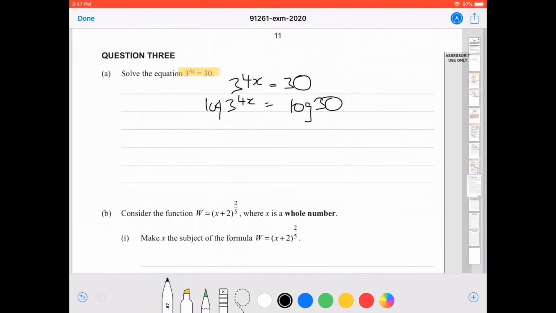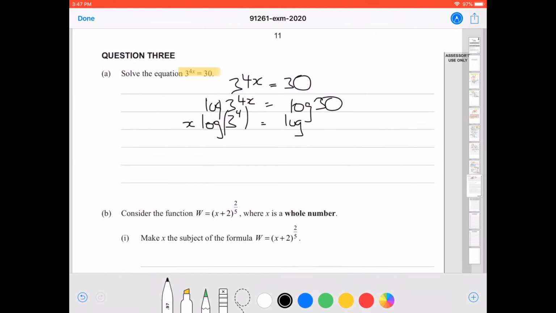Okay, and now using our log rules with indices, we can bring not the 4x, but rather x, because we're trying to isolate x. So let's say this, x log 3 to the power of 4 equals log 30, and that is valid.